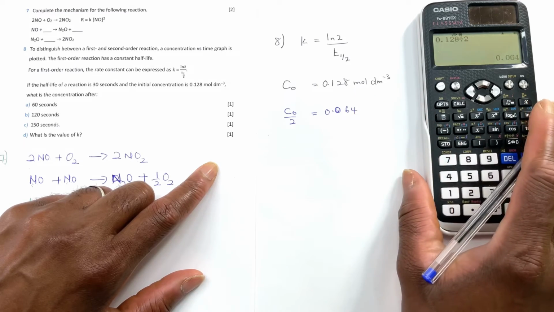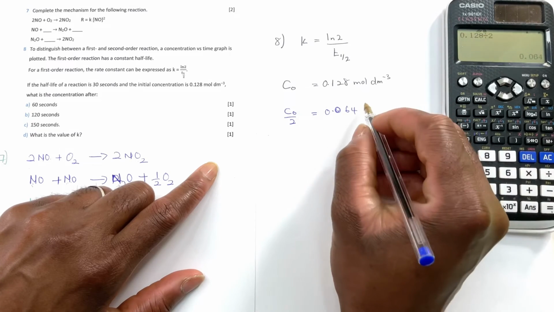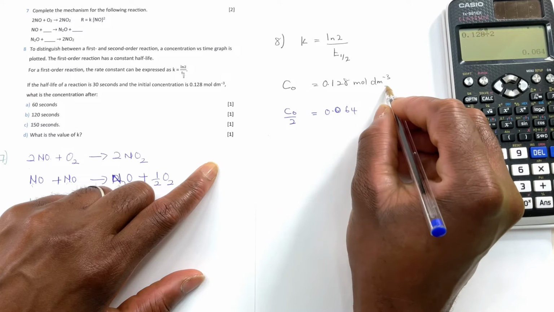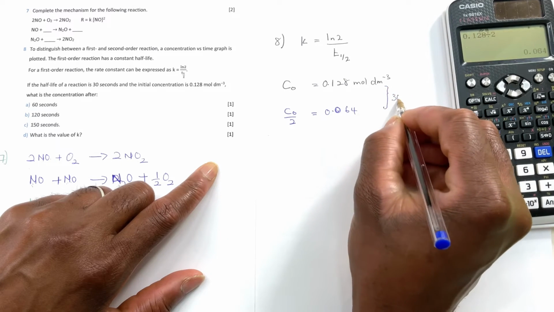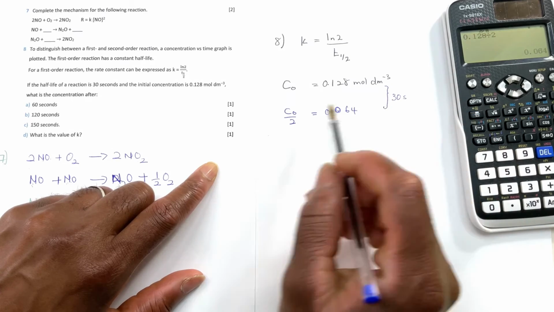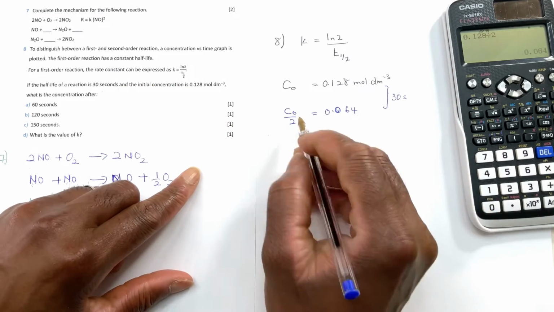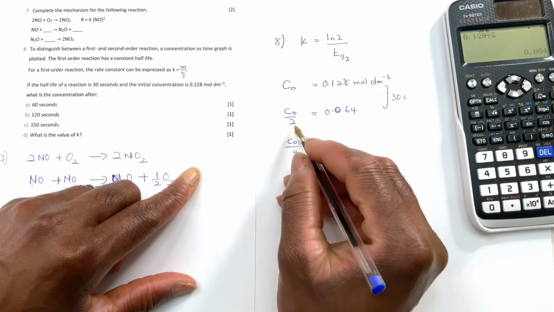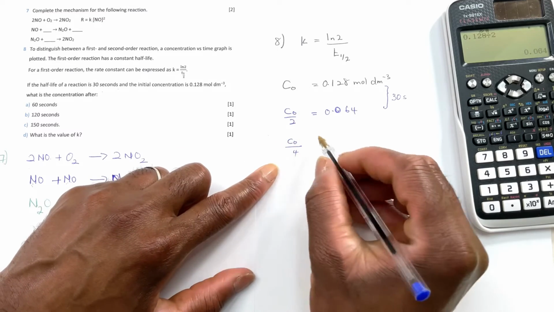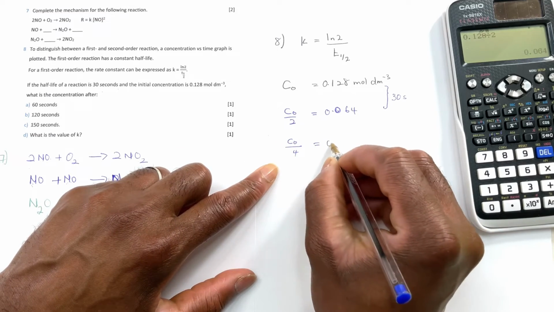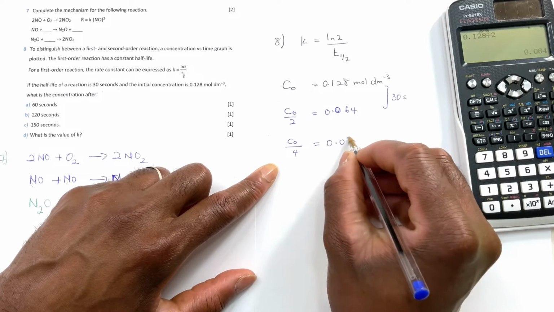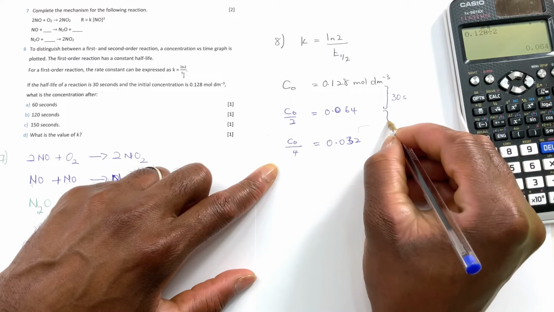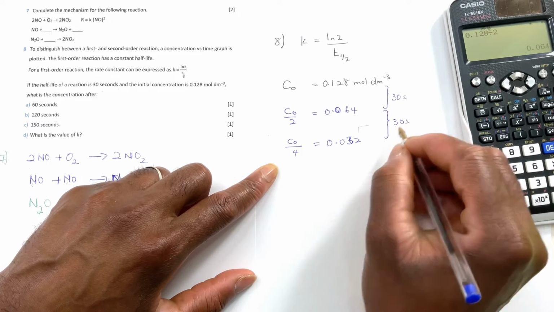That's 30 seconds, the half-life. Then if I go to half of that, that'll be C0 over 4, and that will be 0.032, because I'm dividing 64 by 2, 32. The other half there again is 30 seconds.